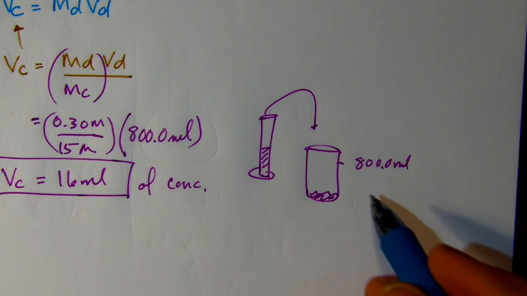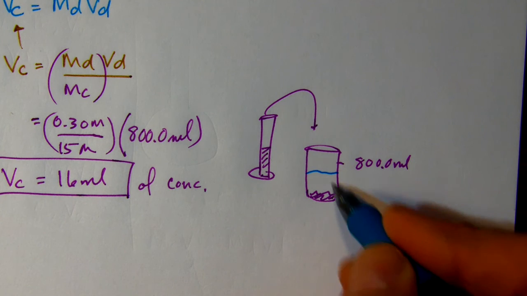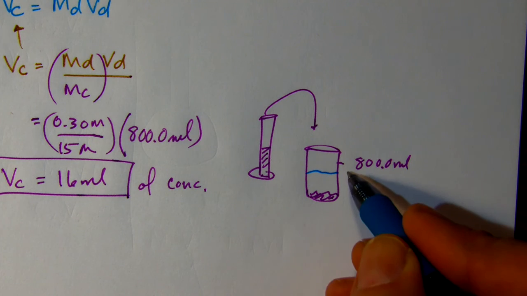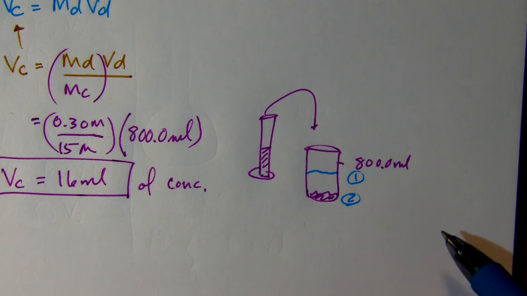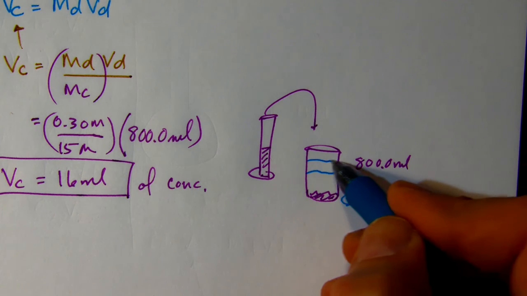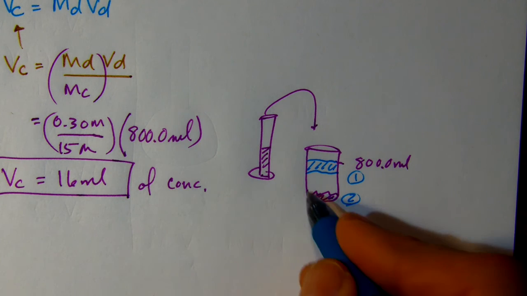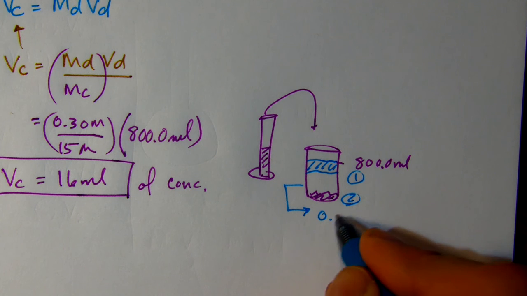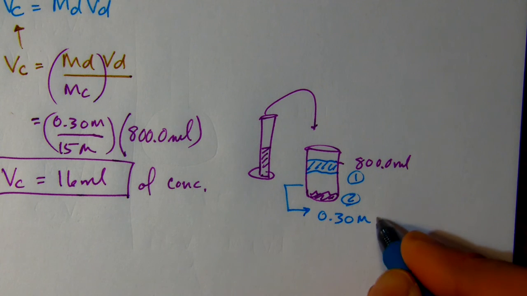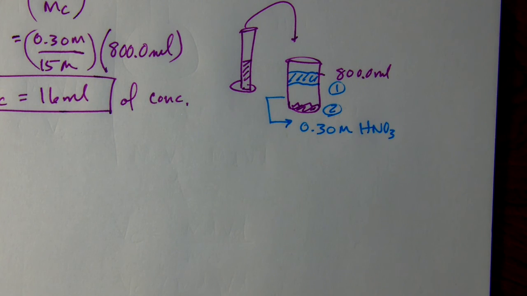We'll show you how to do it properly, but you should add the water. You should have the water in there first. Then you add this. That's first. This is second. And then you top it off with more water till you get to 800. Okay? And voila. You have magical 0.30 molar nitric acid. Still strong, not as dangerous.